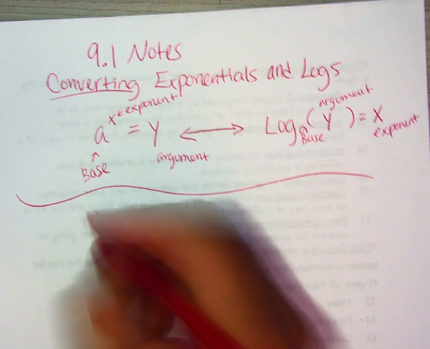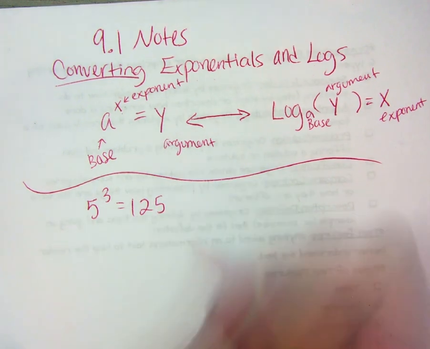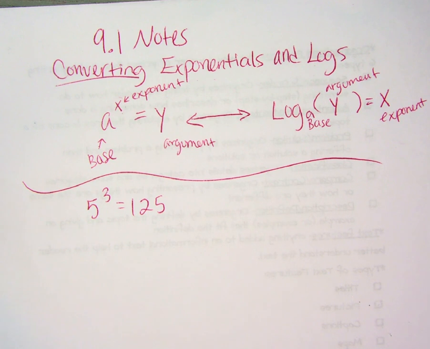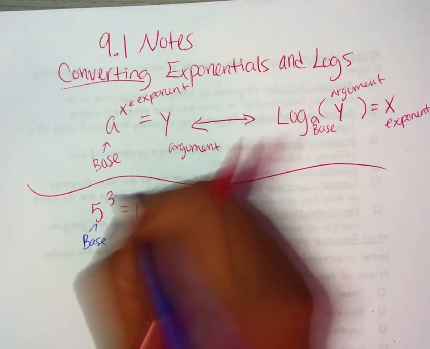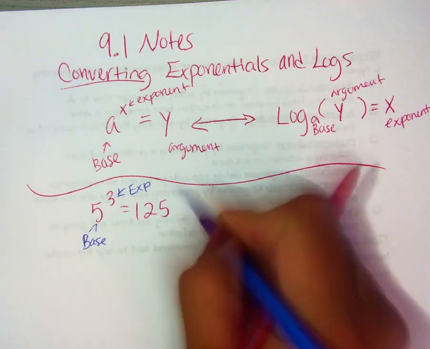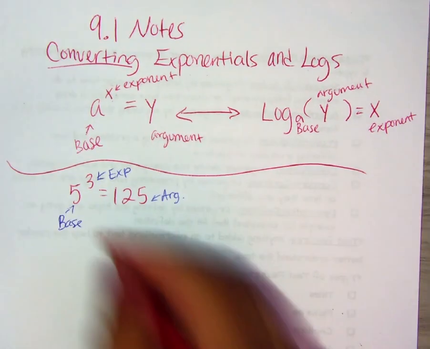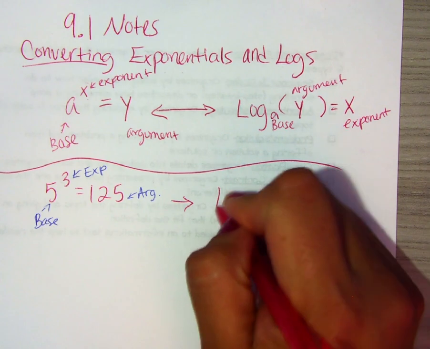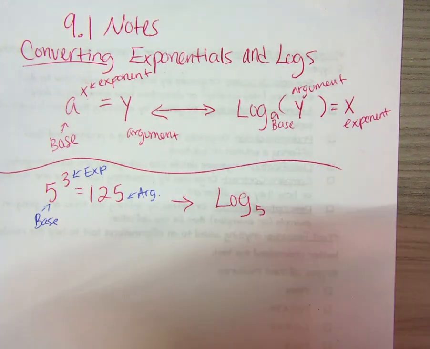So the first example you have in your notes is 5 to the third power equals 125. So you recognize the three parts. Again, this is your base, this is your exponent, and this is your argument. And if you're going to rewrite it as a log, you're going to need your base, which is 5.